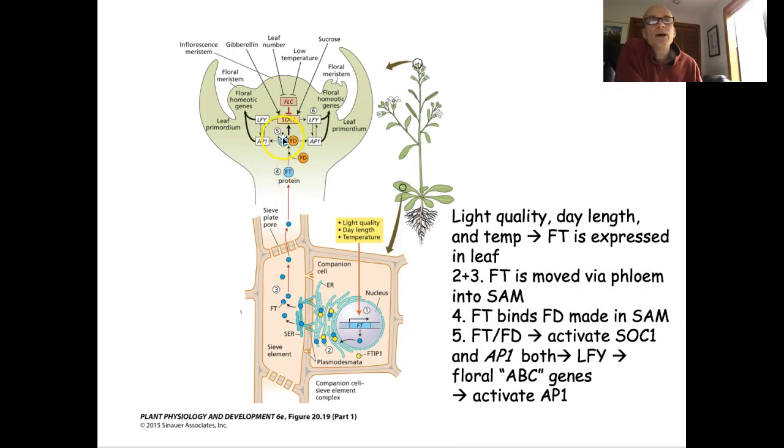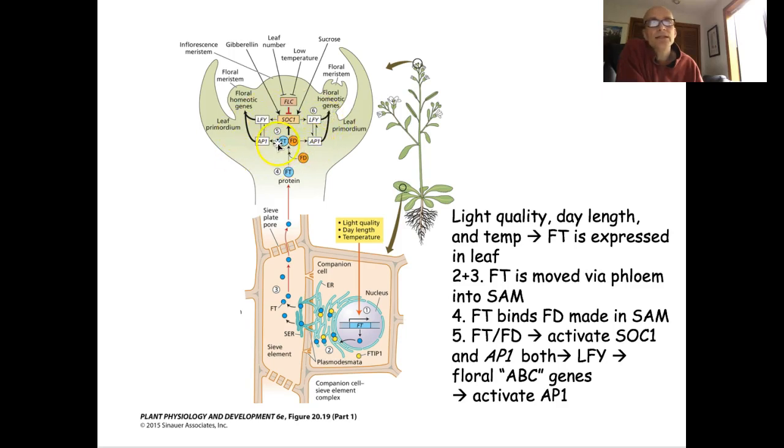Steps number 4 and 5 are then the interface of the flowering induction of FT and Constans with some of the genes that we have already heard about. The genes we discussed last time are the floral homeotic genes, the genes that pattern the flower and decide what part of the floral apical meristem is going to be sepals, petals, stamens, or carpels.